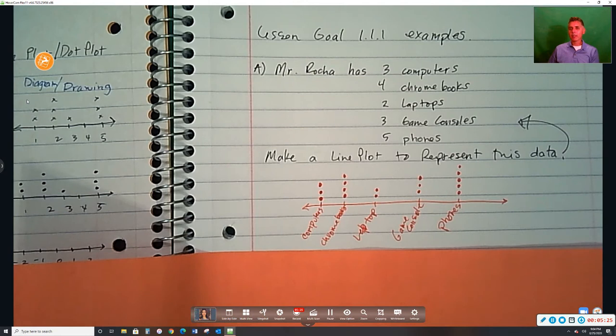Okay? So in the next couple of days, in the assignments, you're going to have to be able to create line plots and dot plots, kind of like how I did here, and also be able to read or interpret them. Okay? If I gave you this and asked you how many laptops there are, hopefully you could see that there's 2. And 2 laptops are represented by this.